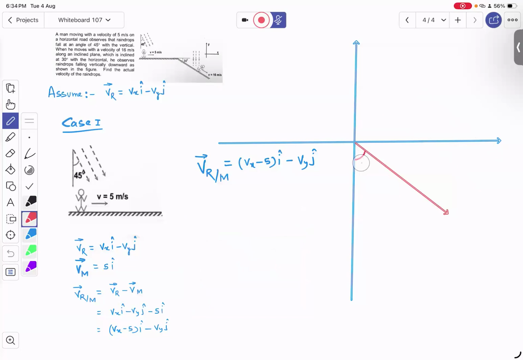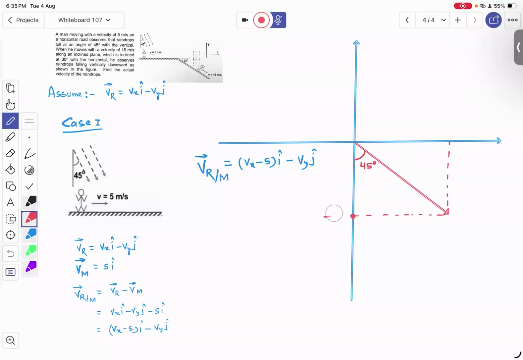And it is told it is making 45 degrees with the vertical. So if I drop a perpendicular to the x-axis from the tip of the arrow, that will give us the x component. If I drop a perpendicular from the tip of the arrow on the y-axis, that will give us the y component.